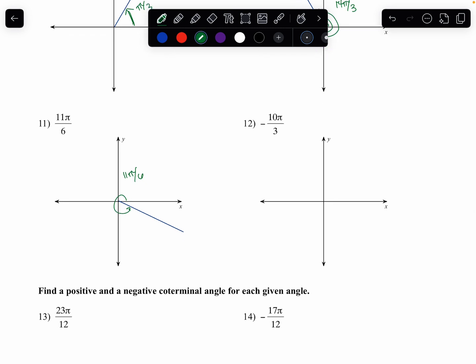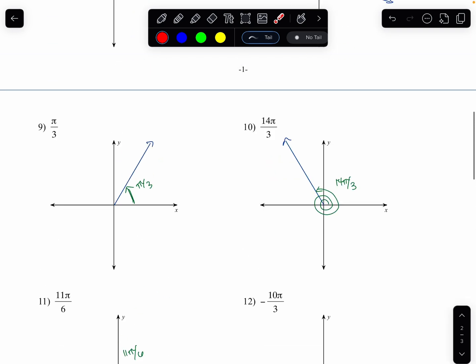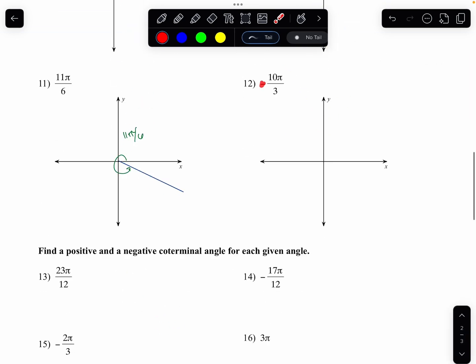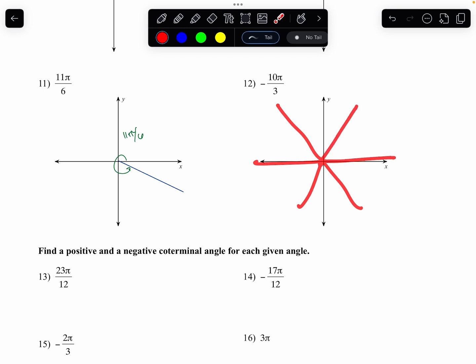All right, let's see, we have pi thirds, we have negative 10 pi thirds. So a lot of these are in thirds measurements. And so this is also negative. So 1, 2, 3, 4, 5, 6. So I've split the top and bottom parts into 3, and we want to go 10 in the clockwise.